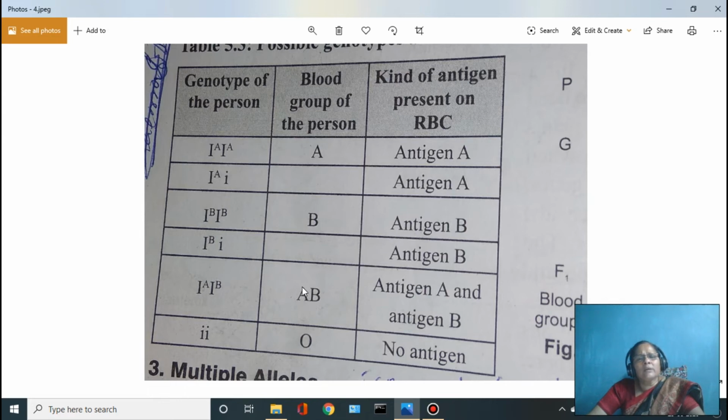It is the universal recipient and O is the universal donor. O can collect only from O, because it has no antigen but both antibodies, so agglutination is possible.